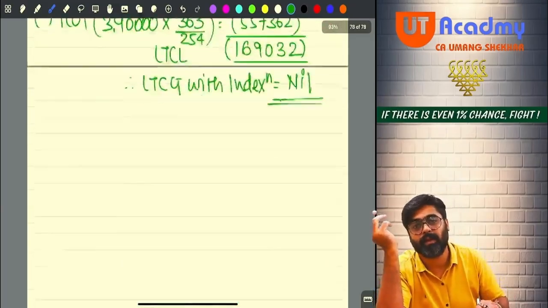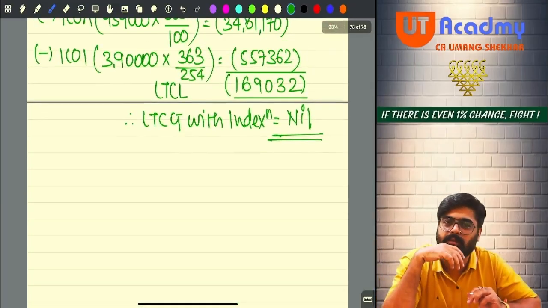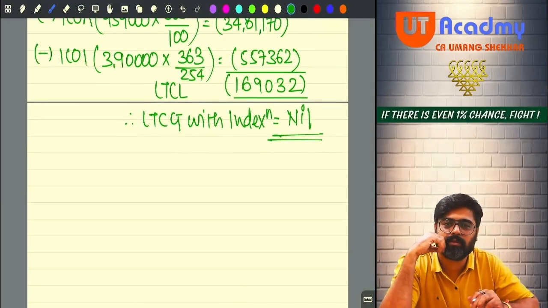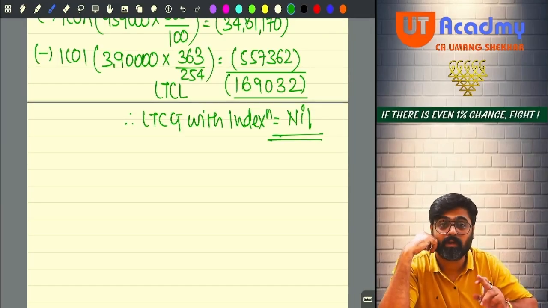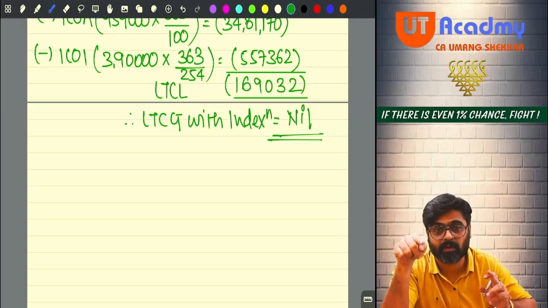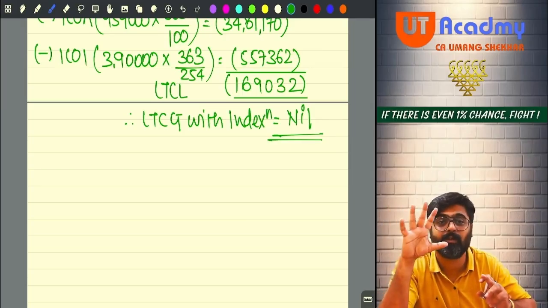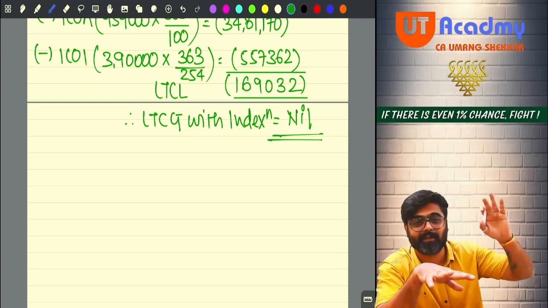Okay. Now pay attention. Do you have a loss? Loss of how much? 1,69,032. Long-term losses will be adjusted against long-term gains only. Yes or no? But this loss cannot be set off also. This cannot be carried forward also. This is just calculated for the purpose of tax liability.